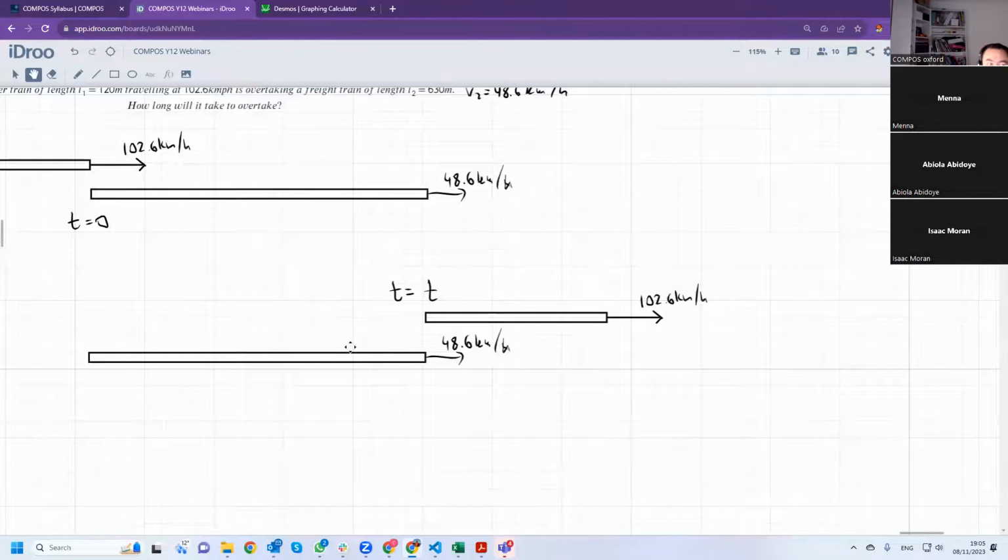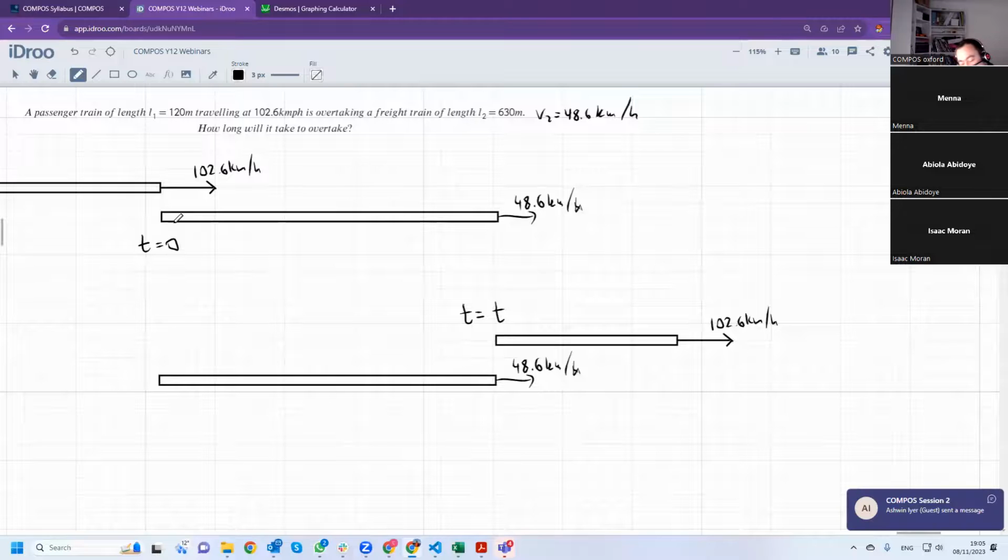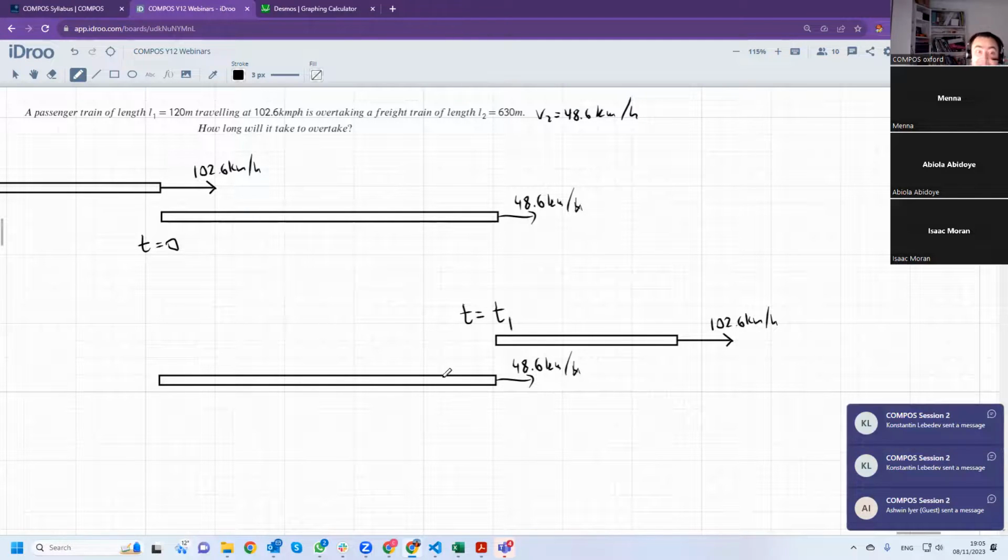You could say t equals tau, which would make more sense, because t equals t is always true. But technically, you need to say t equals t1. That would be a strictly better way of saying it. Okay, let's stick to t equals 0 and t equals t1.